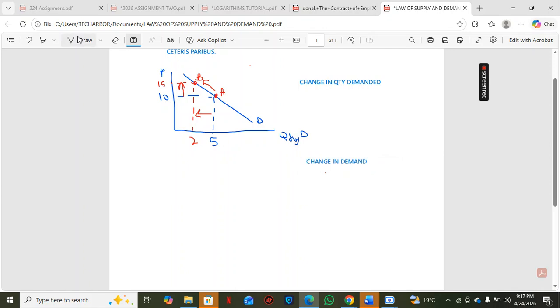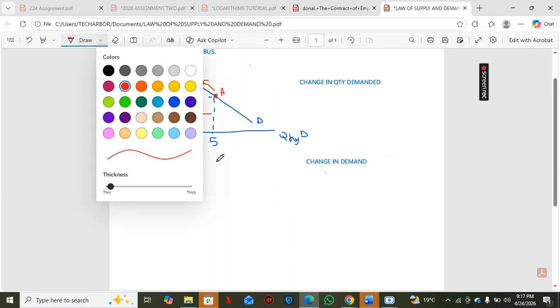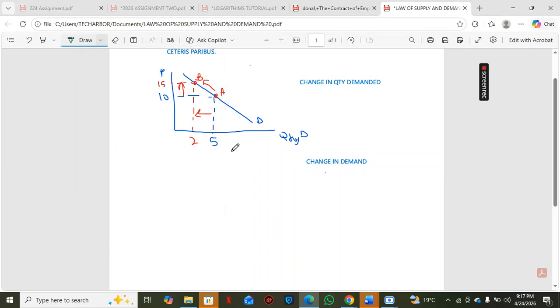This is the one represented by shifts in the demand curve. Here we have price and here we have quantity demanded, and we have the demand curve like this, downward sloping.